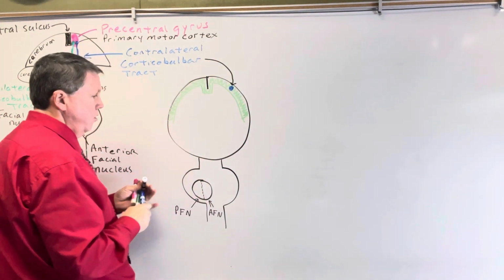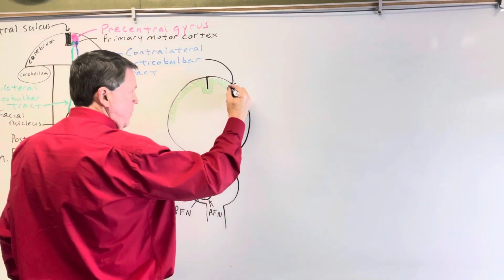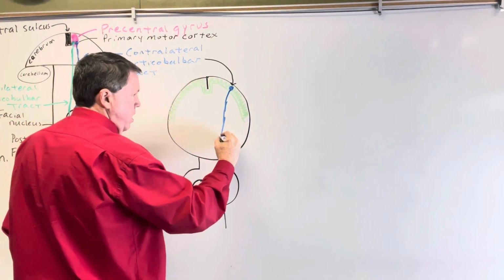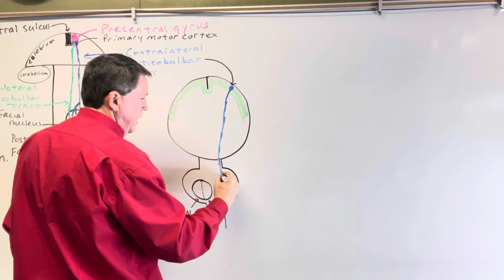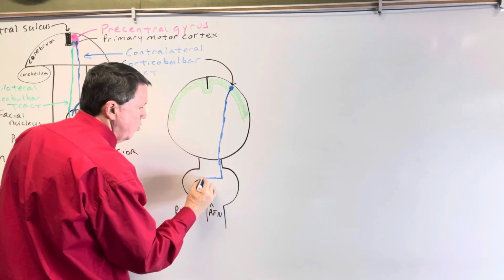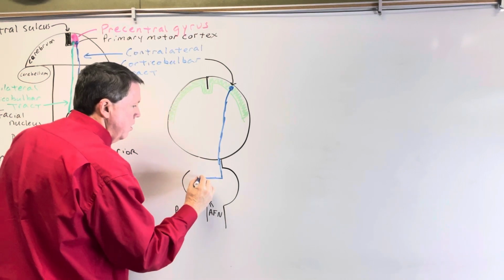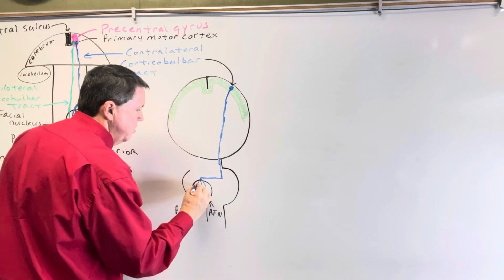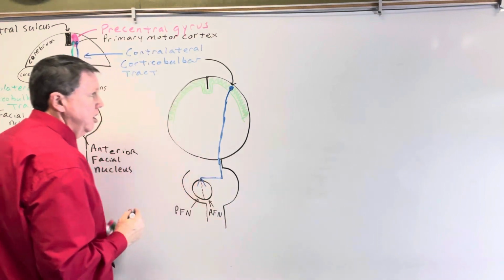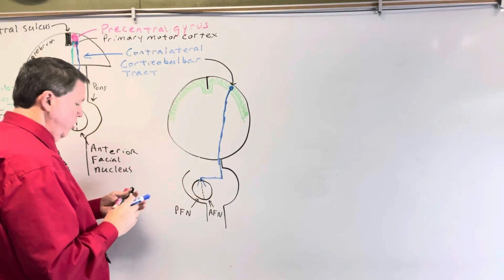So this is going to come down now. It's going to come down, and when it gets to the pons, it's going to cross to the opposite side. Again, that's why we call it the contralateral, because it's crossing to the opposite side. So there's my contralateral corticobulbar tract.